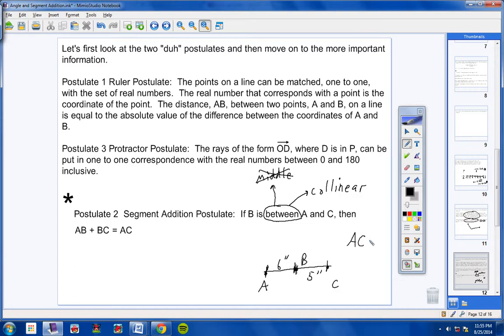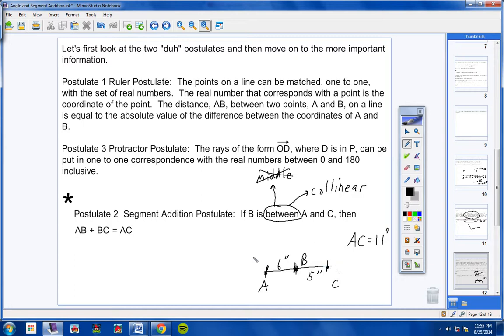The measurement of AC has to equal 11 inches because 6 plus 5 equals 11, so the whole length is 11. And that is all that postulate 2 is saying. It's saying if B is between A and C, then AB plus BC equals AC, the entire segment.